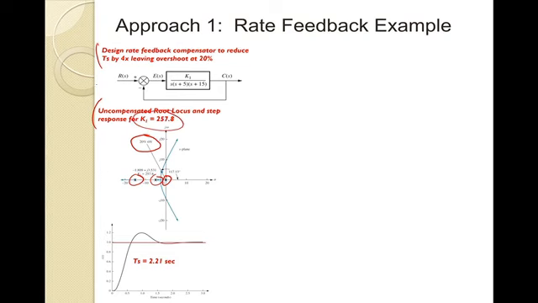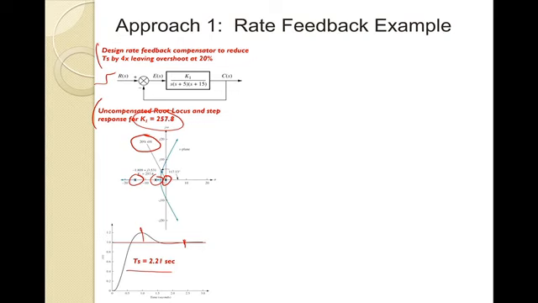Then if we do a step response, this would be our output, and you'll see that we have a settling time of just about 2.21 seconds. You could also find the overshoot, the Tp terms, and any other transient goals you want. So now that's our uncompensated system.